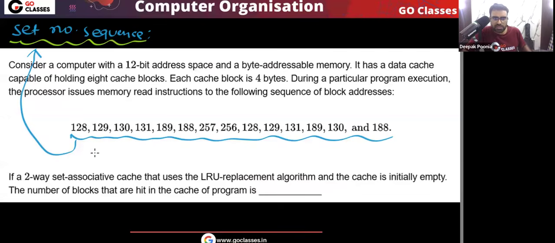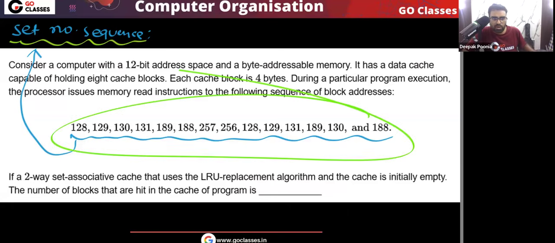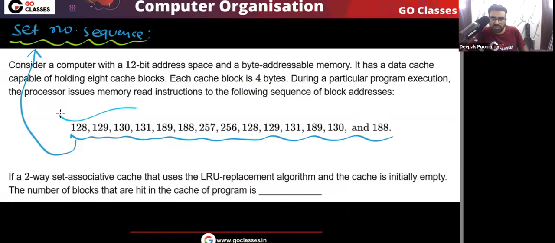So from this sequence of main memory block numbers, you can find the set number sequence. If I divide 128 by 4, the remainder will be 0, so block number 128 will map to set number 0.